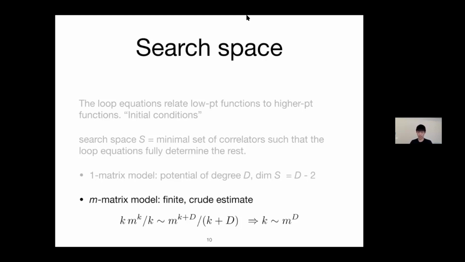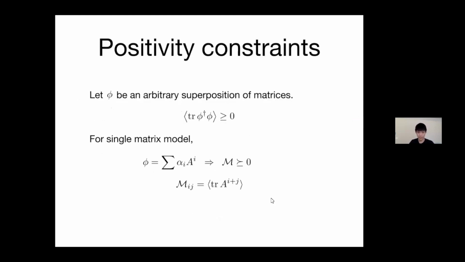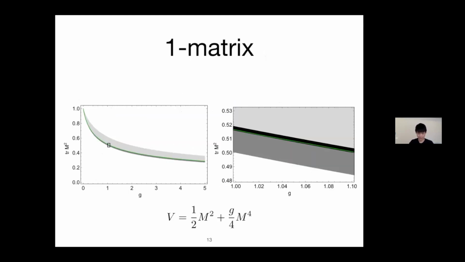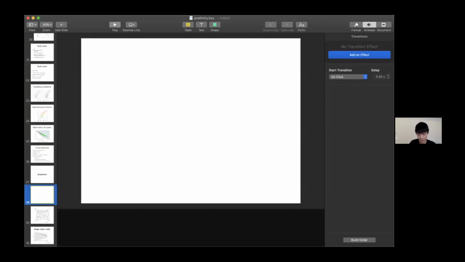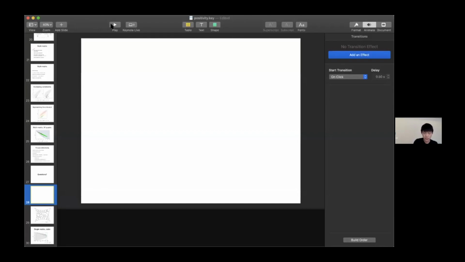Okay, let me get some clear paper. Let's try this. Hopefully you can see this. Oops, this may not work. Well, I'll just say it in words.